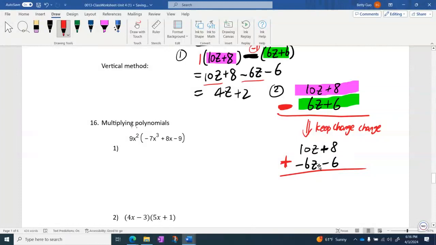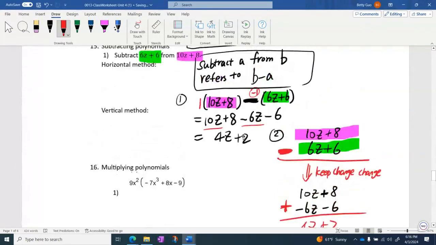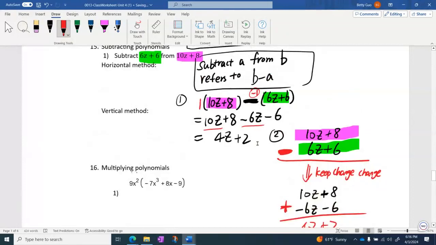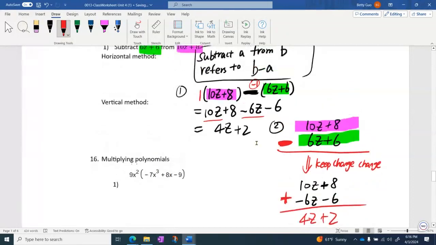The first column, 10z and -6z, they are like terms. The second column, 8 and -6, they are like terms. 10z and -6z add up to 4z. 8 and -6 add up to 2. So the answer is 4z plus 2. Same as earlier. This question is pretty straightforward, not very challenging.